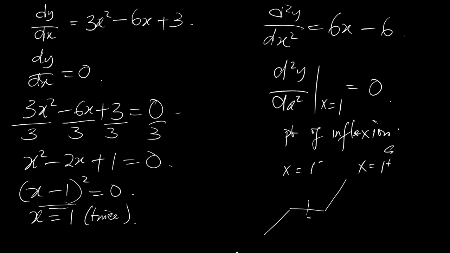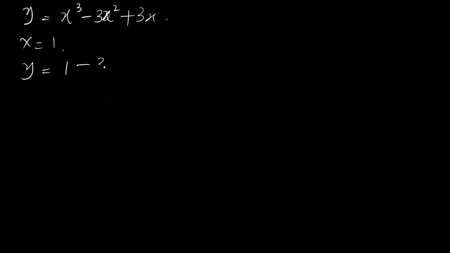Now, at x equal to 1, what will be your y? Now, we have y equal to x cubed minus 3x squared plus 3x. So if x is equal to 1, that means y will be equal to 1 minus 3 plus 3, which is equal to 1.